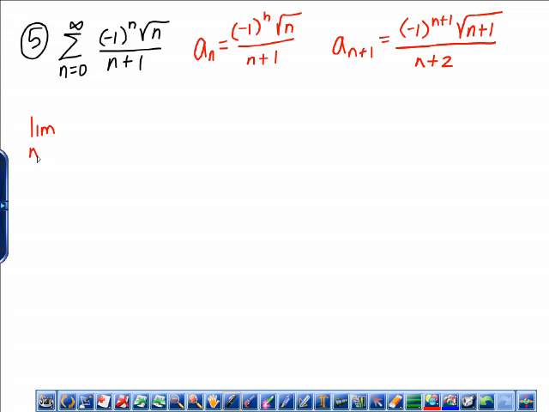Okay, so our limit as n approaches infinity of the absolute value of a sub n plus 1 divided by a sub n is going to be the limit as n approaches infinity of the absolute value of this whole thing divided by the general term.